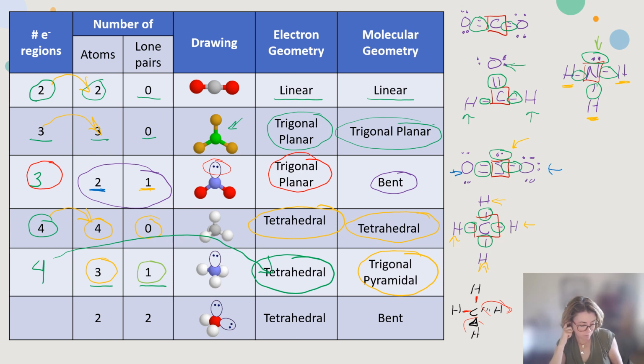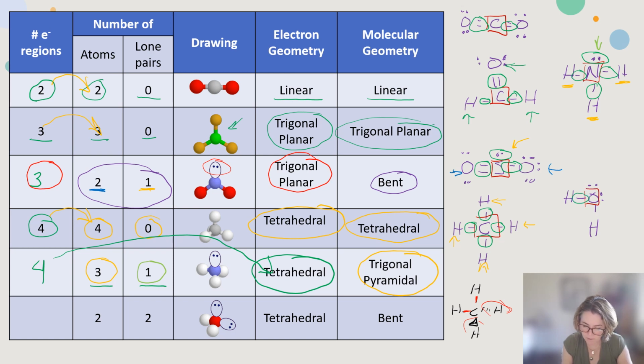Okay, the last one we're going to look at right here is water. And water is oxygen with 2 hydrogens and 2 lone pairs. So oxygen is my central atom.